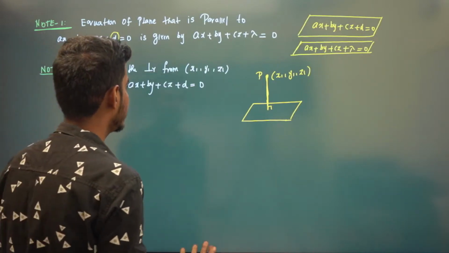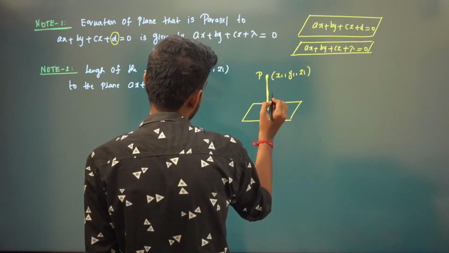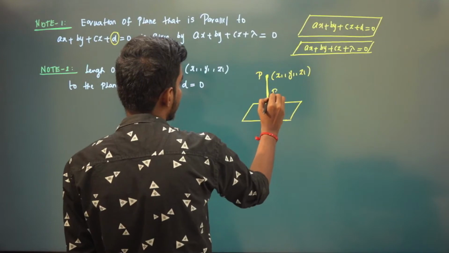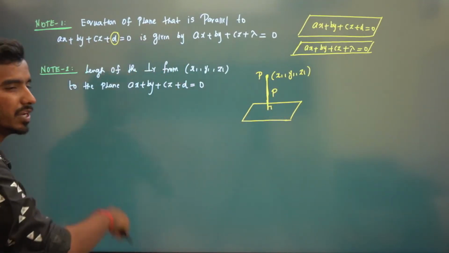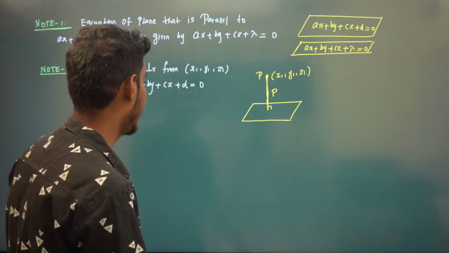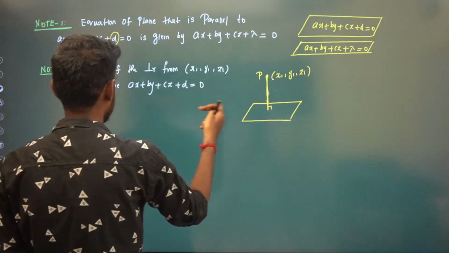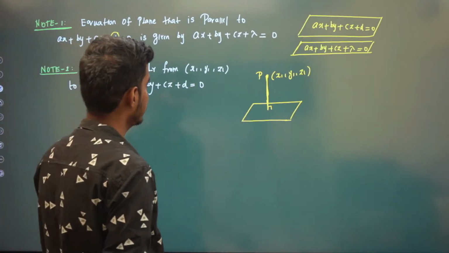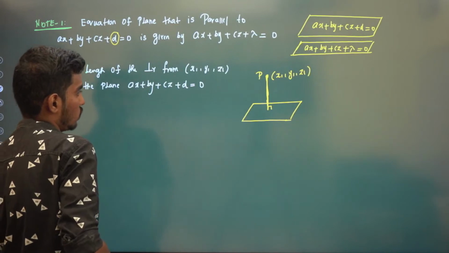Let us assign P. We already assumed P to be the length of the perpendicular from the origin to that plane, the normal, so we can assign anything.